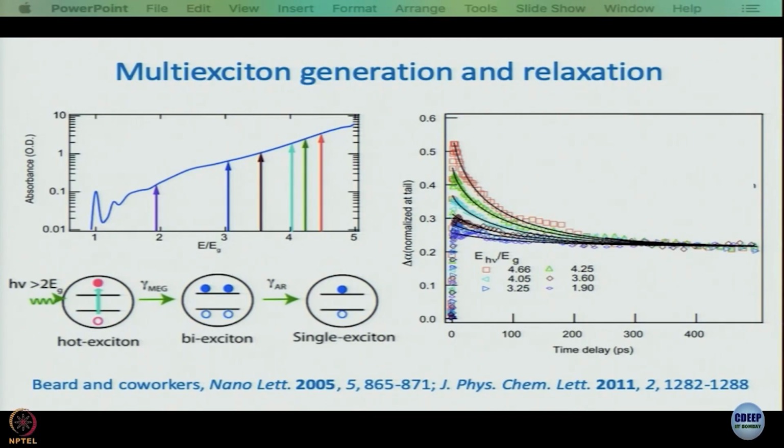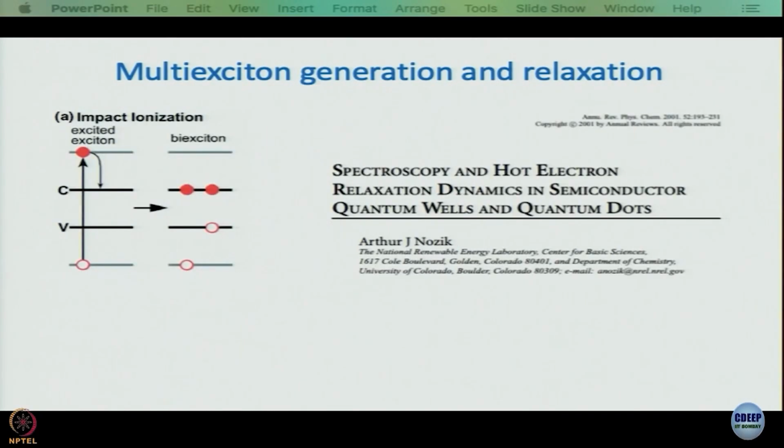So, to understand that, one needs to analyze the data very carefully, and in this seminal paper of Nozik, what Nozik had discussed in this review, Annual Review of Physical Chemistry published in 2001, is what happens after what is called impact ionization. Impact ionization means what we have said earlier, formation of a hot exciton. And he said the first step is always biexciton generation.